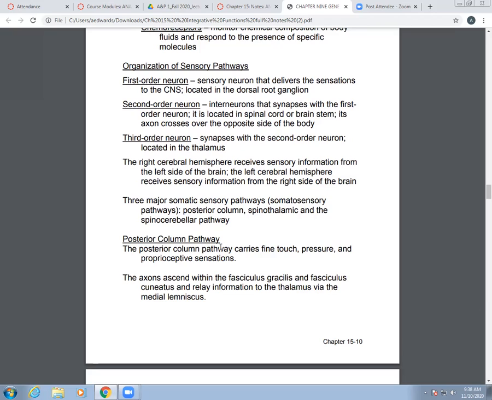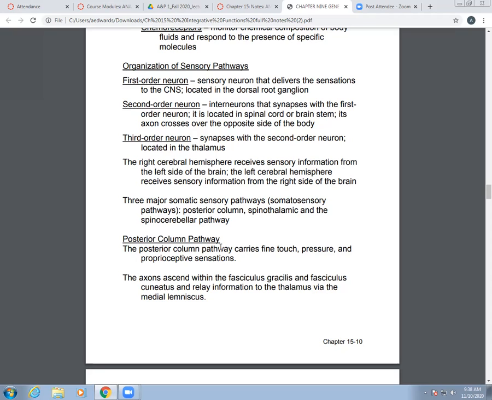And it's going to be located in your dorsal root ganglion, all right? Remember, dorsal has to do with the sensory or afferent or ascending tracts. Second order neuron is an interneuron, okay? So it's in between a sensory neuron and a motor neuron. And it synapses with the first order neuron. It's located somewhere in the spinal cord or in your brainstem.